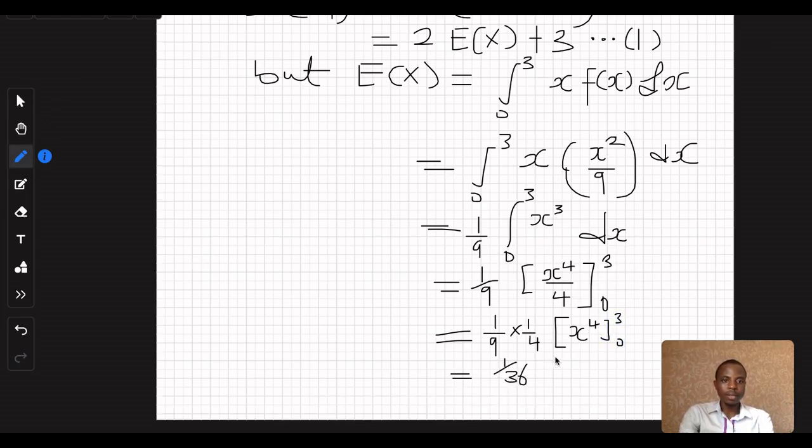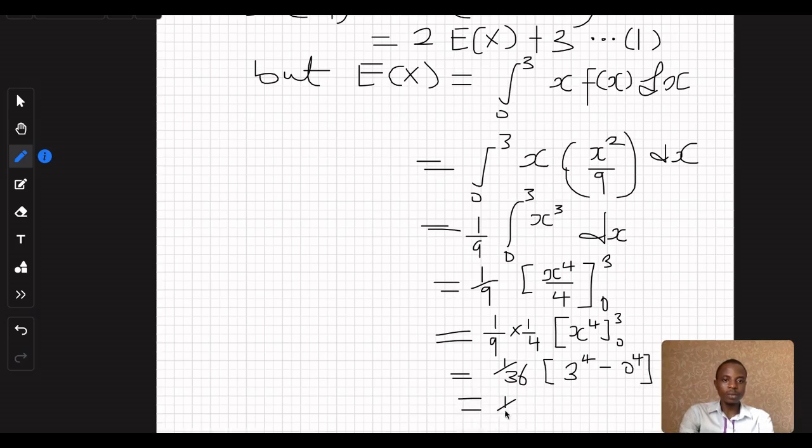1 over 36, then x raised to the power of 4. When x is 3 here, we put 3 in, and then we put 0 there, so we are going to have 0 raised to the power of 4. That becomes 1 over 36 multiplying 3 raised to the power of 4, and that should give us 81.